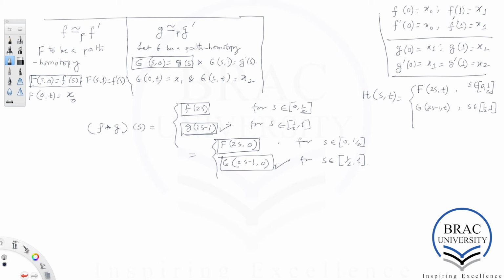Now look at this definition. If you plug in 0 for t in this formula, you will get exactly this expression on the right side, so that this is H(s, 0). This is numbered as equation number 4 in the lecture note. So we have shown that (f star g)(s) is equal to H(s, 0).